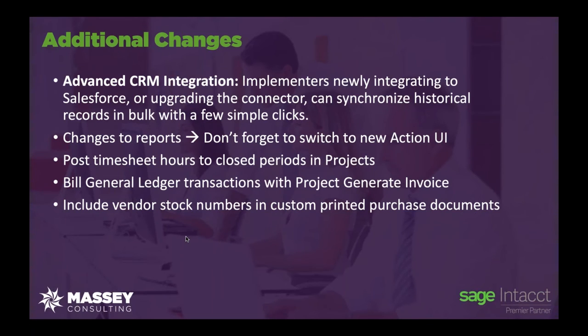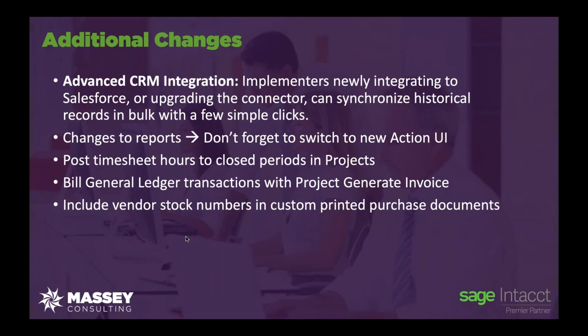You will have the ability to bill based on the GL transaction, which again, to me, is kind of a big deal from a project standpoint. Great way to do a miscellaneous type invoice if need be. And you can include vendor stock numbers now in custom printed purchasing documents. So, yay! We've had a few customers ask for that.